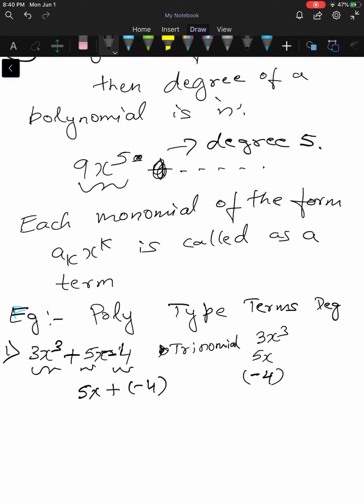Or if you have a variable raised to a power greater than 0, this is again a monomial with term 9x power 5, and the degree will be the highest power to which the variable is raised, that is 5. Now I'll give you a quiz, that is 1.3.1.